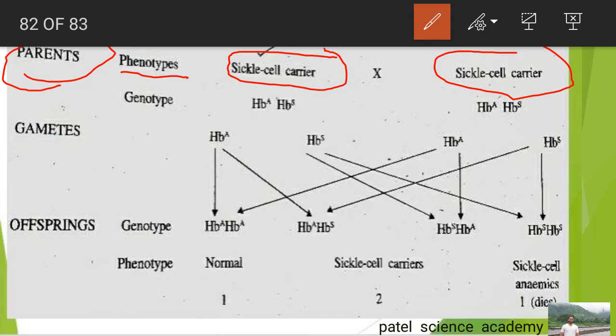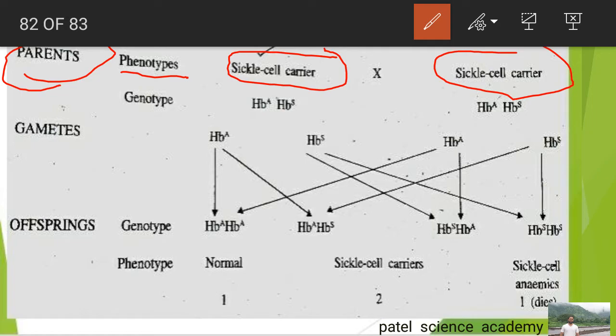As I told you earlier, if HBA is there two times in the body, that body is normal. If one HBA and one HBS is there, that body is called a carrier, meaning that body will be phenotypically normal but genotypically abnormal, and it can carry that gene into its next generation. And if two HBS are there, that body will die because of the sickle cell disease.